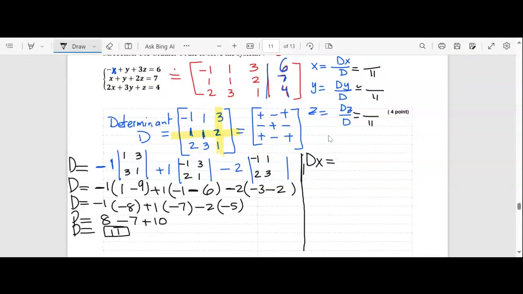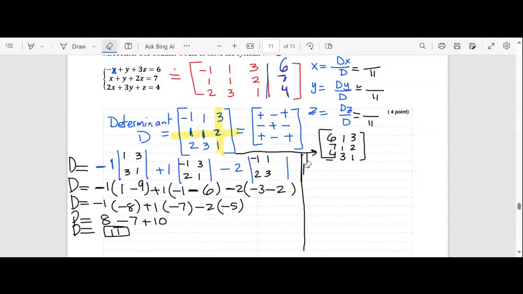First you have to make the matrix. So the matrix will be 6, 7, 4, 1, 1, 1, 3, 3, 2, 1. Okay?